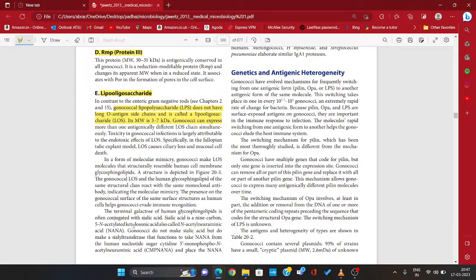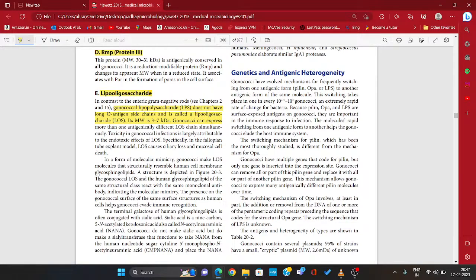The gonococcal LOS and the human glycosphingolipid of the same structural class react with the same monoclonal antibody, indicating molecular mimicry. The presence on the gonococcal surface of the same surface structures as human cells helps gonococci evade immune recognition.